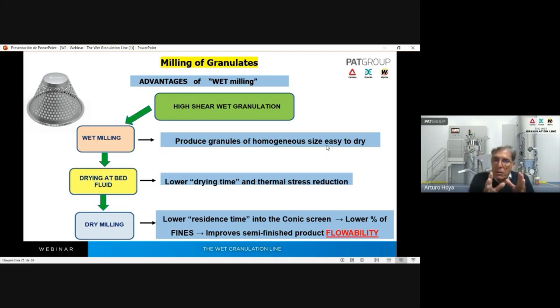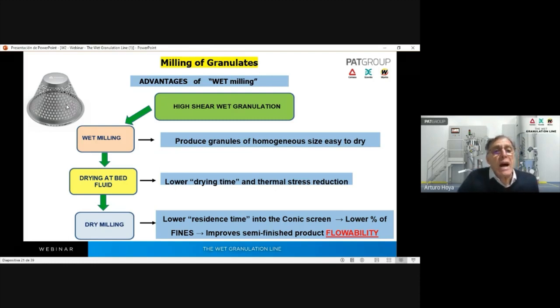Because of this advantage, I believe that wet milling is the most important process. Please pay attention to the size of the holes.